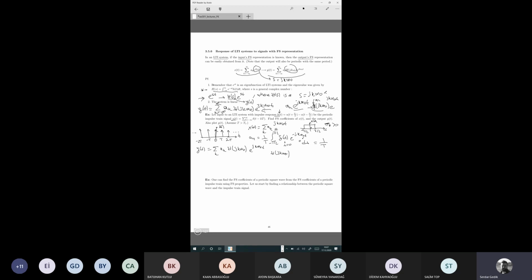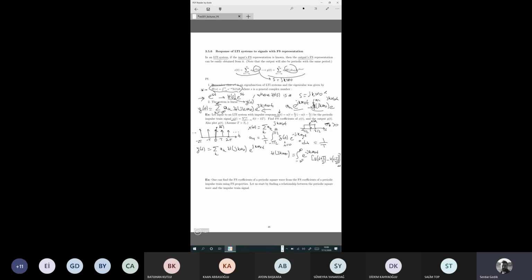I will use this formula exactly over there. It is simply the integral from minus infinity to plus infinity of e^{-jkω0t} times my h(t), which is u(t + T1/2) minus u(t - T1/2), dt.